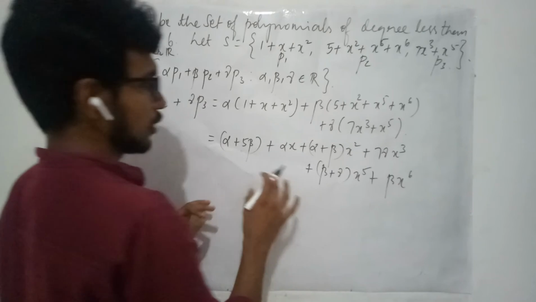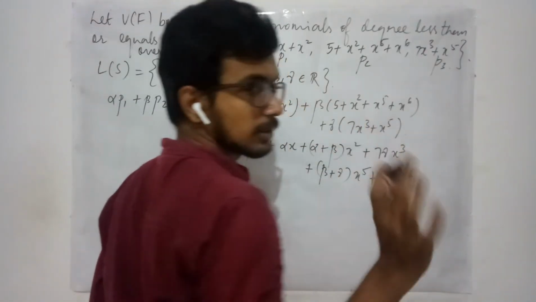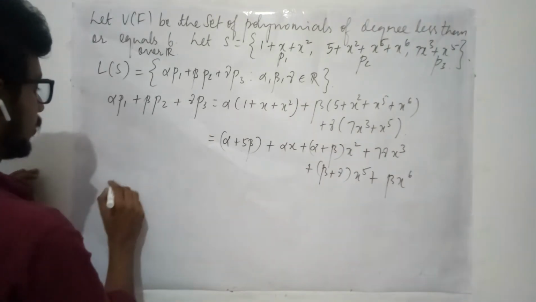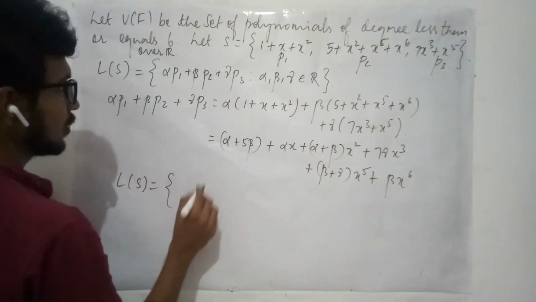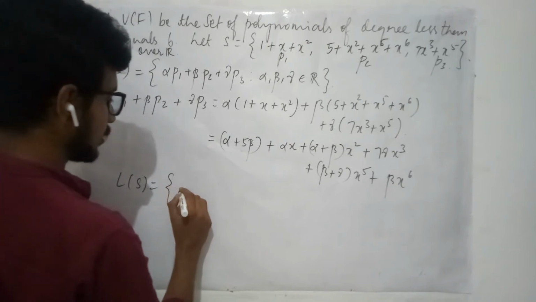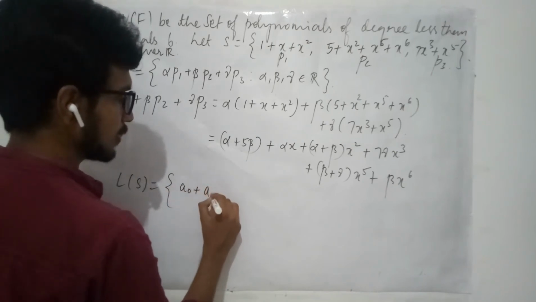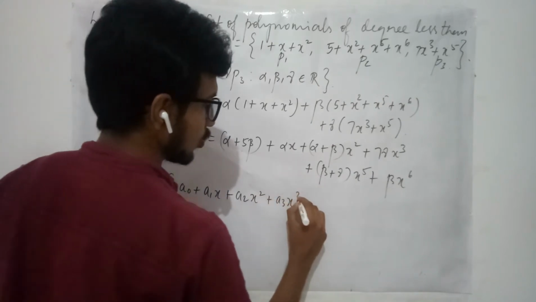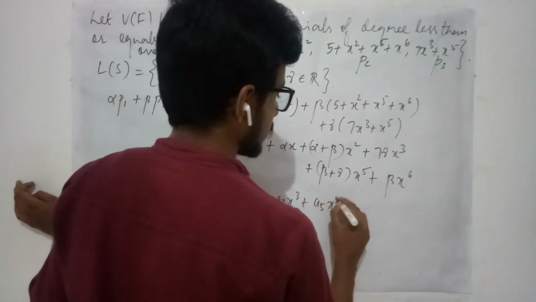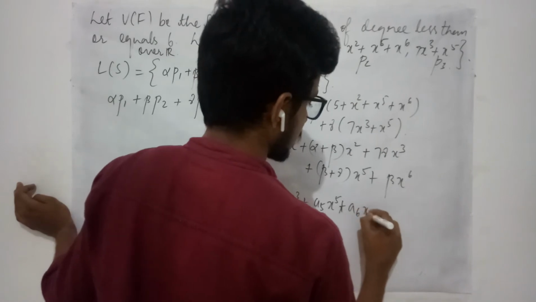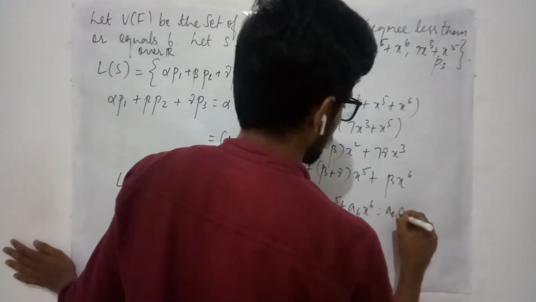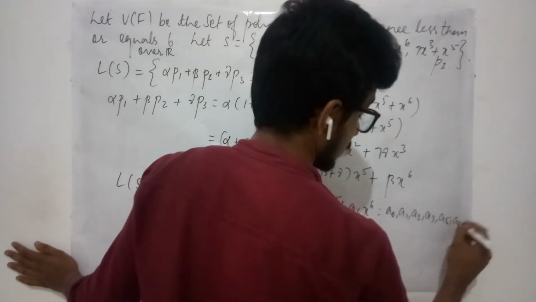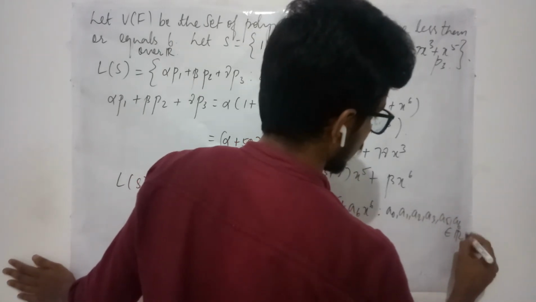So here you can see that power 4 term is missing. Hence you can combine this as the collection of polynomials of this form: a0 plus a1x plus a2x square plus a3x cube plus a5x power 5 plus a6x power 6, where a0, a1, a2, a3, a5, a6 are real entries.